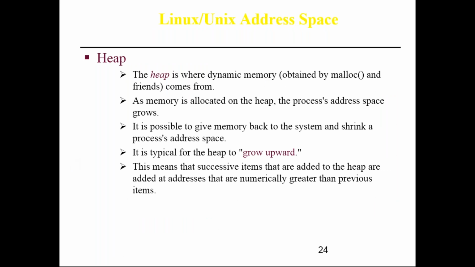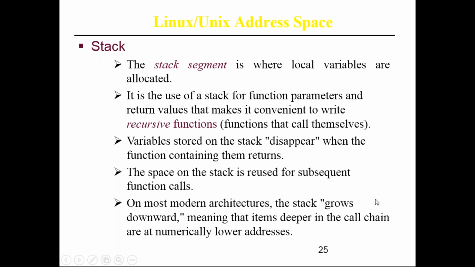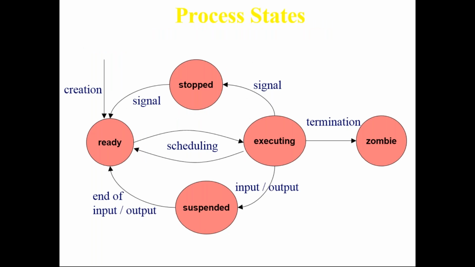Then what your heap memory consists of: that is also called dynamic memory, and it grows upward. Then, what do you mean by stack memory? Local variables are declared there, and it is fixed in size and allocated before the process starts. So only the heap memory will grow during the process; otherwise the stack memory will remain the same.